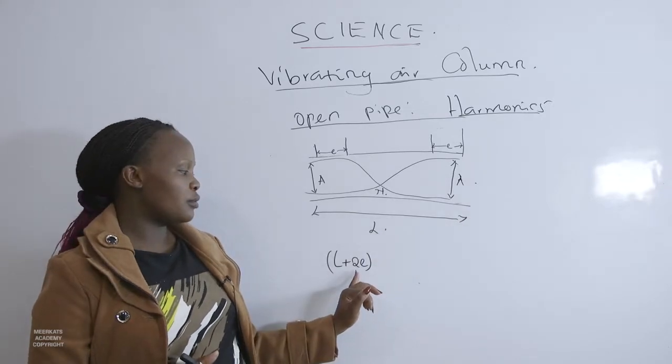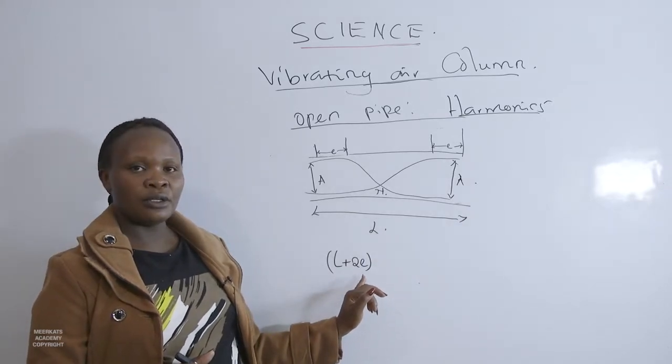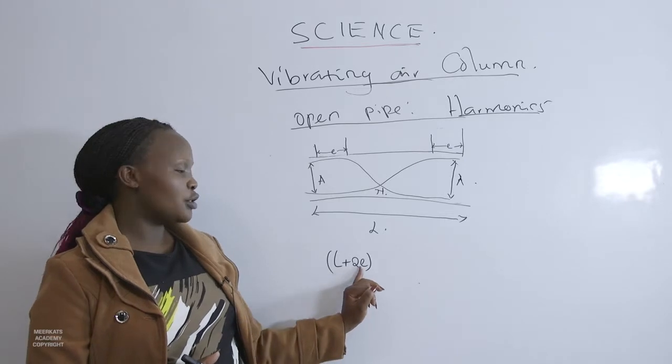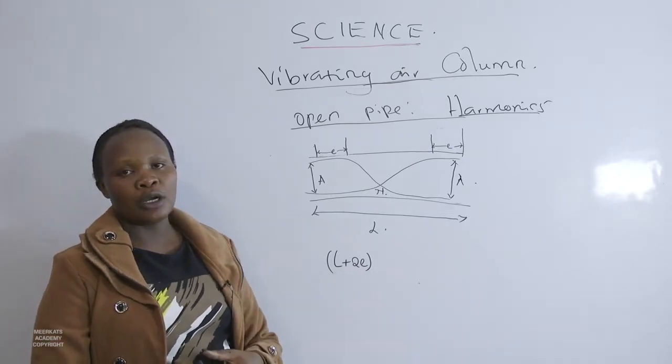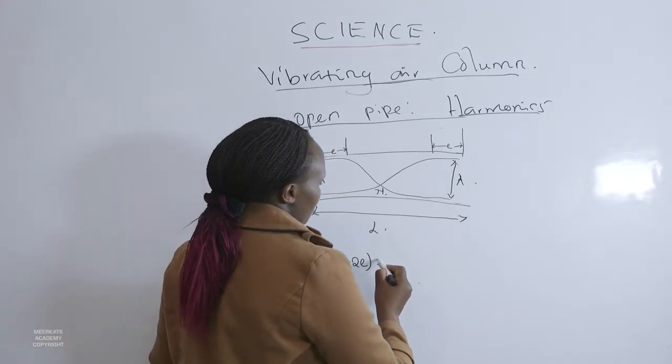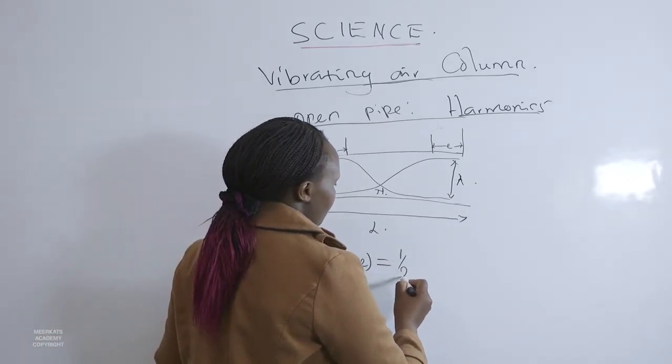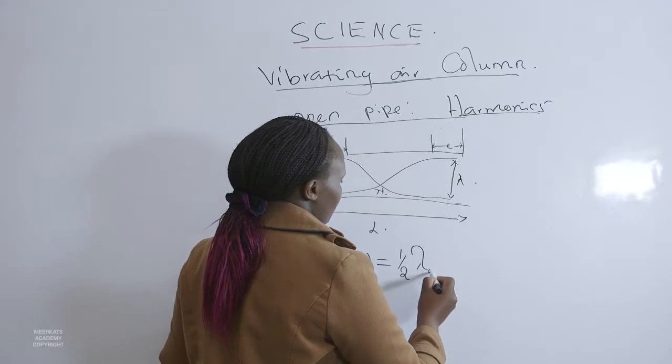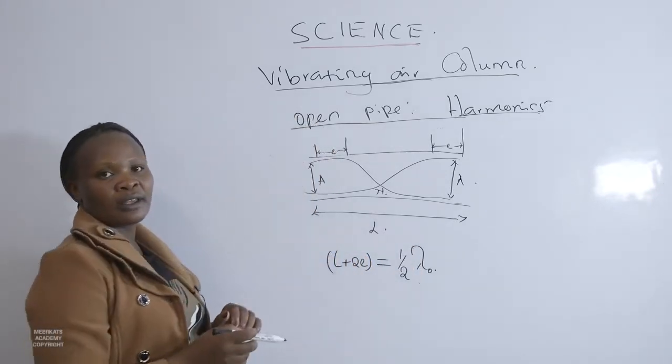Therefore, we have to account for the 2. That is why we add 2E onto our full length, being equal to half our fundamental wavelength.